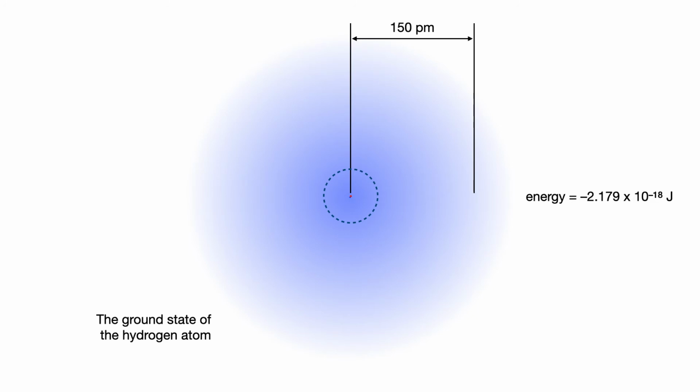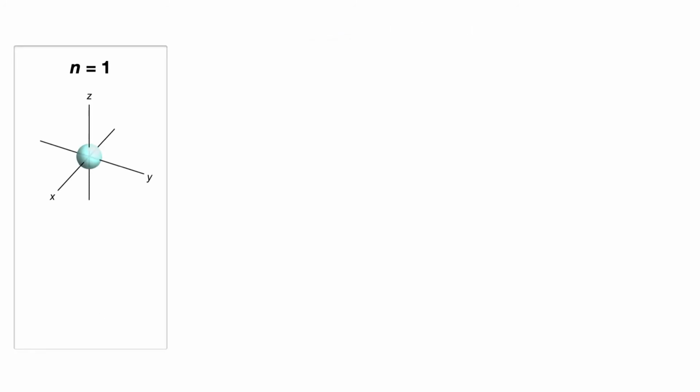So here's another picture illustrating this first energy level for a hydrogen atom. And here, just to make things a little bit easier to see, I've shaded in the region of space that includes 90% of the electron wave. And so the electron wave has a spherical shape, and 90% of it falls within about 150 picometers of the nucleus.